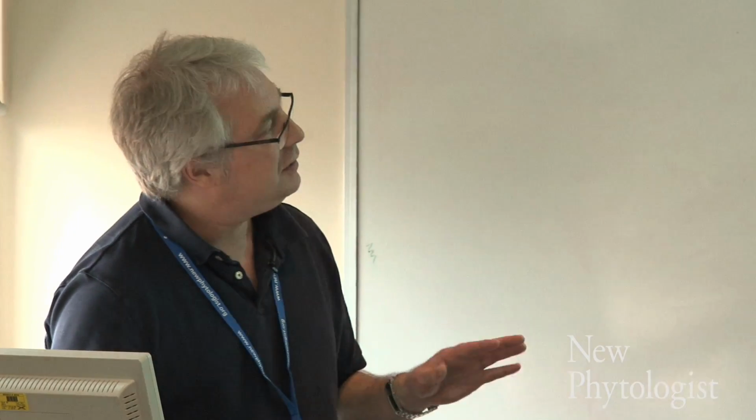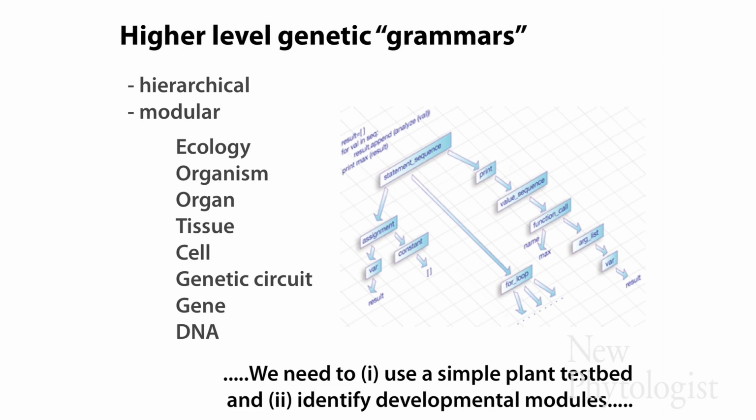But this process, in a natural system, is one part of a hierarchy. And you can essentially identify, from the DNA parts and genes and circuits that we tend to talk about, as you go up the hierarchy, you're talking about cells and tissues and organs and organisms and populations, that this process is linked in the normal system.